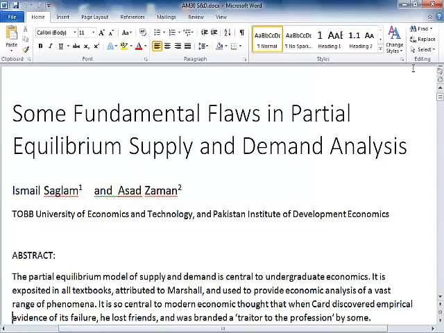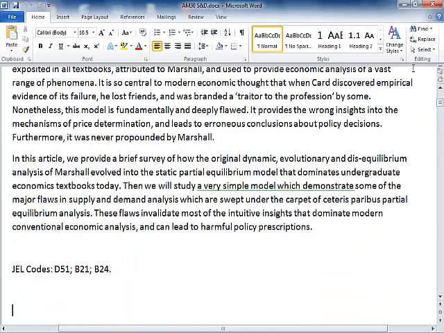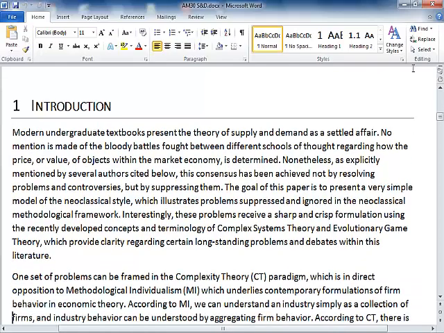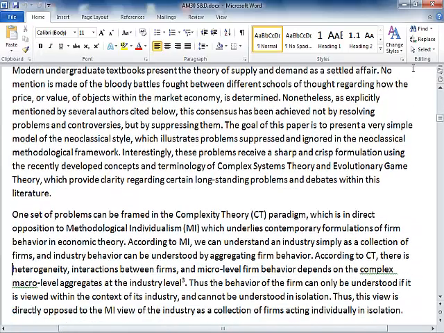So, I wanted to look at, basically, as I said, in the supply and demand theory, the central problem is that the theory itself is not coherent. It makes contradictory assumptions.